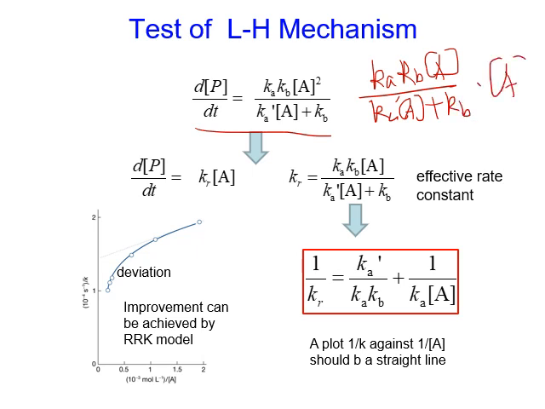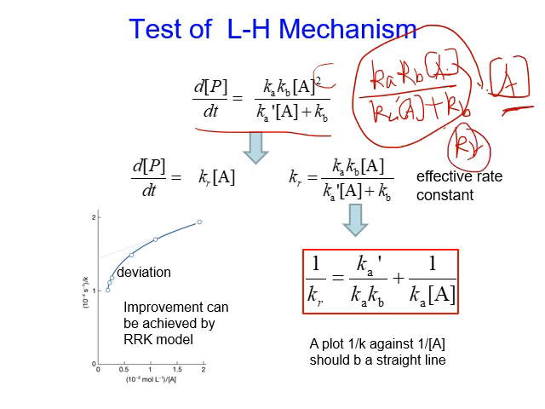If you combine all these together and say this is the effective rate constant, then the reaction is first order times A. But Kr, the effective rate constant, is actually a function of concentration.